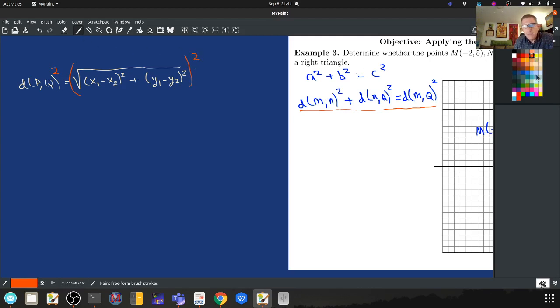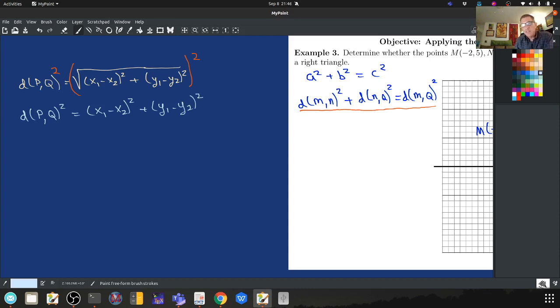And we get this beautiful thing that, for this particular problem anyway, the distance between P, Q squared is equal to x1 minus x2 squared plus y1 minus y2 squared.